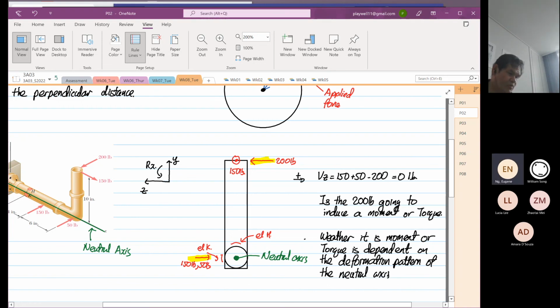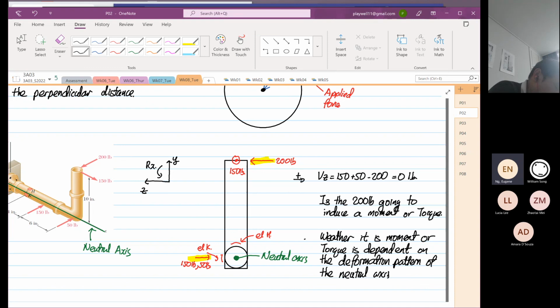So with this view, I'm going to draw the deformation pattern induced by the 200 pounds. The 200 pounds is going to induce a deformation pattern looking like this. This is just a sketch.